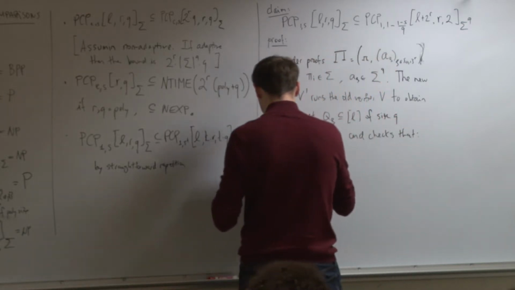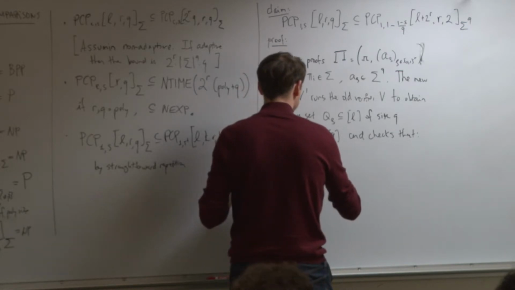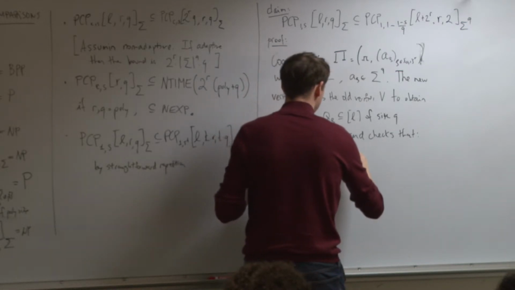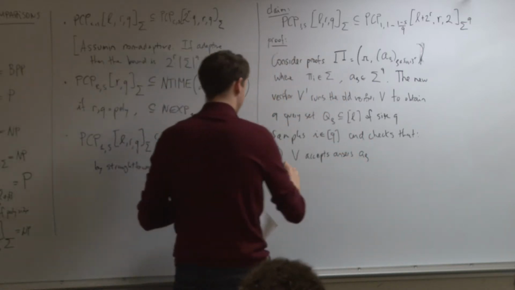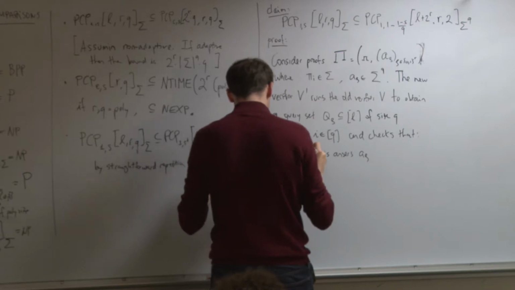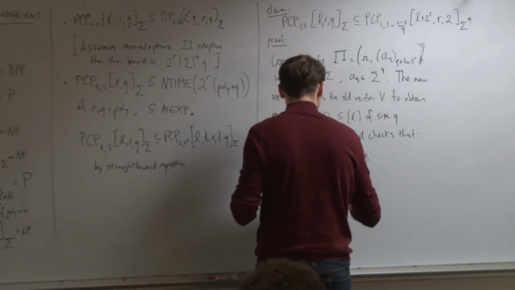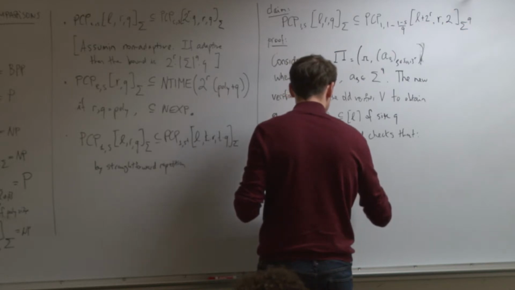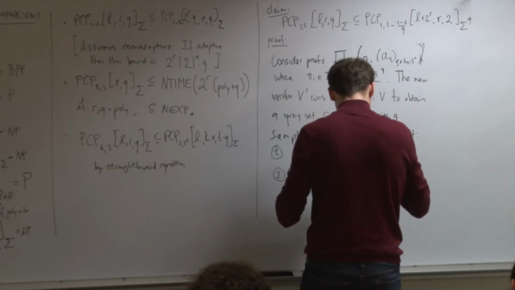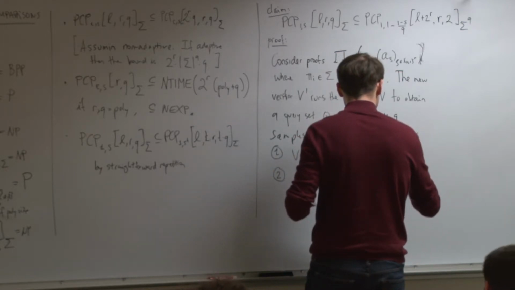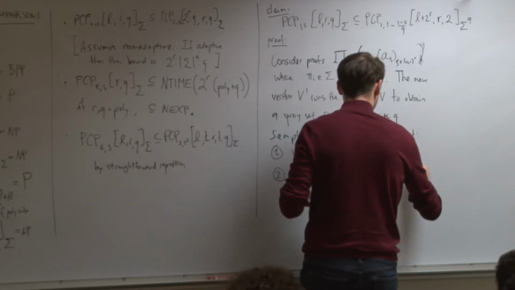two things hold. One is that V accepts answers a rho. And two, that a rho is consistent with, I guess we can write it as, pi of q rho i.